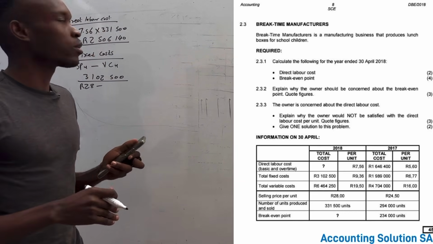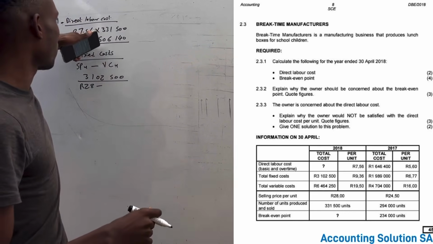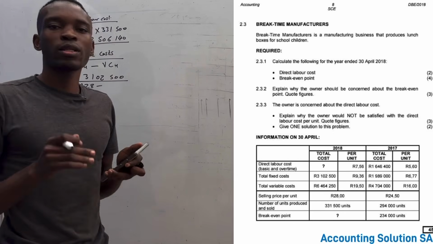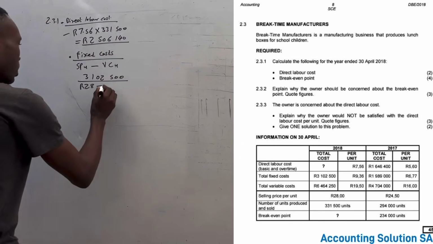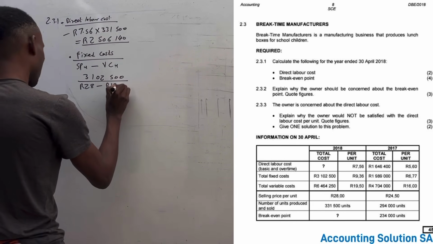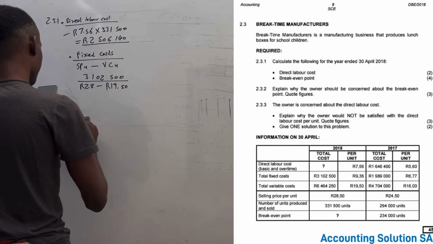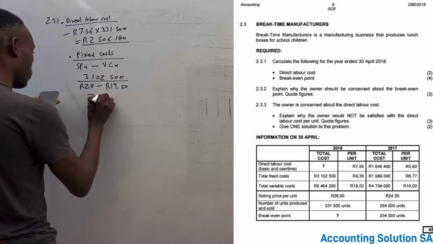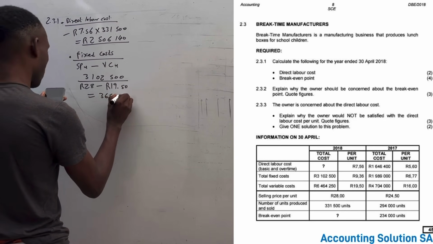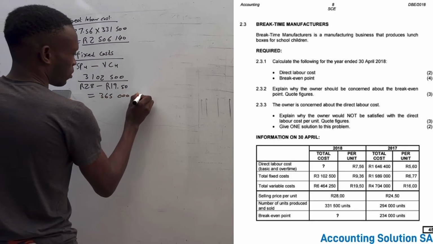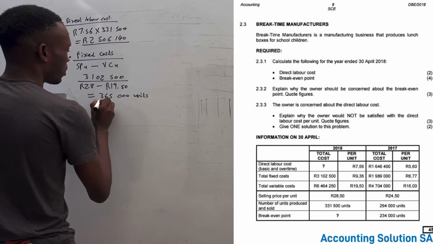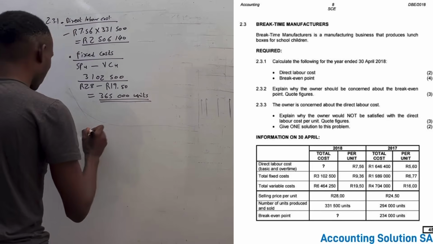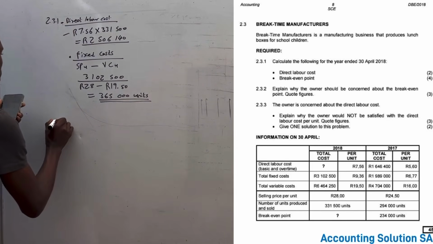You don't have to include the direct labor, because they already give us a total of 19 rand 50. Okay, so if you do this calculation, you are going to get 365,000. It's units. Break-even point is normally in units, unless otherwise specified.